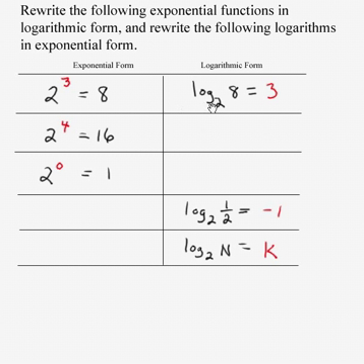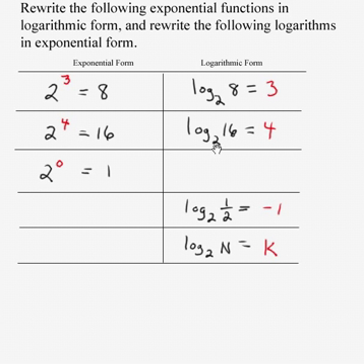The base stays the base. Alright, so the next one ought to be pretty easy then. 4 is the exponent. So the exponent is the log of the number 16 and its base 2. So if you can take the exponent and the bases and locate them, by process of elimination, you know what to do with the numbers.